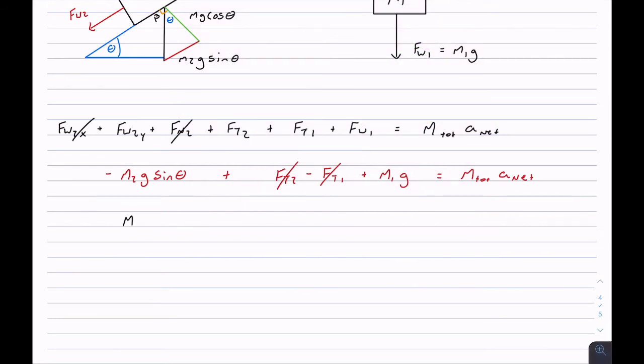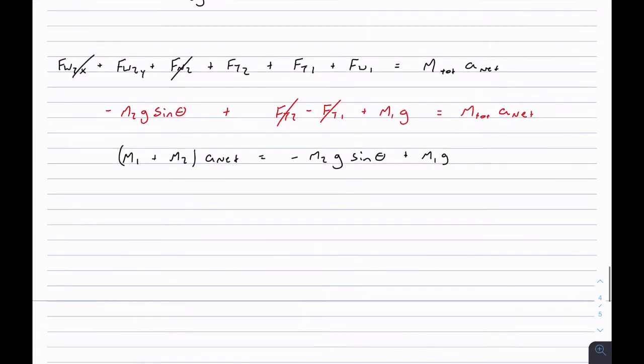So we have M1 plus M2 times a net equal to negative M2g sine theta plus M1g. That means that the net acceleration is going to be g times m1 minus m2 sine theta, all over m1 plus m2. That's your answer.